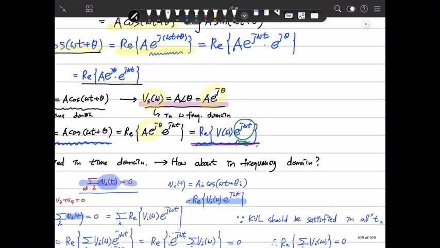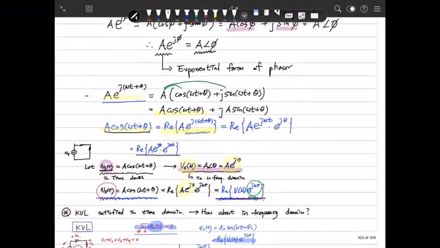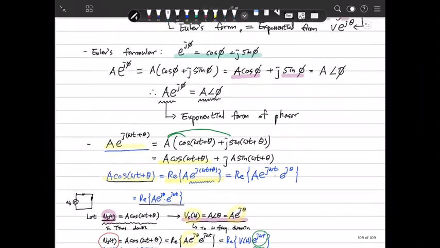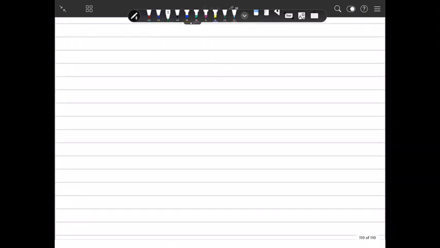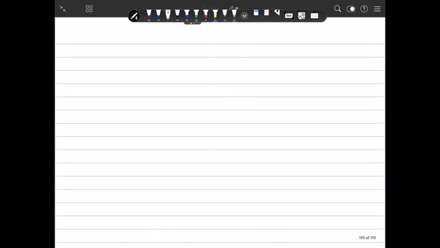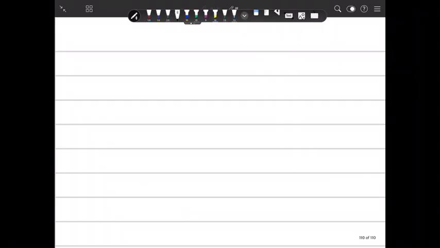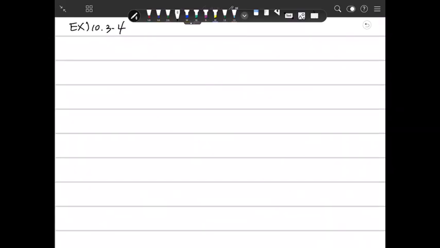That's the reason we discuss this procedure here. This is an example here, Example 10.3 and 4.